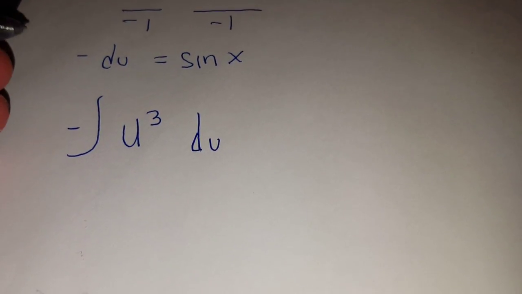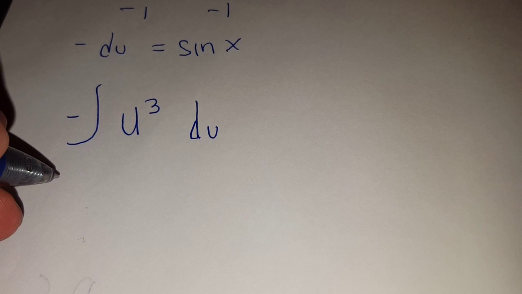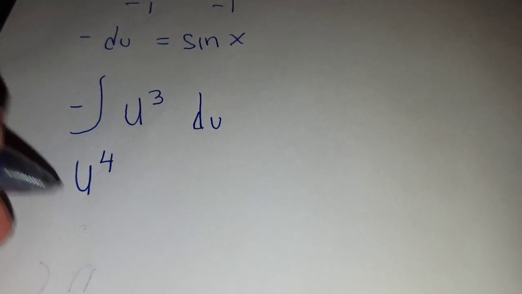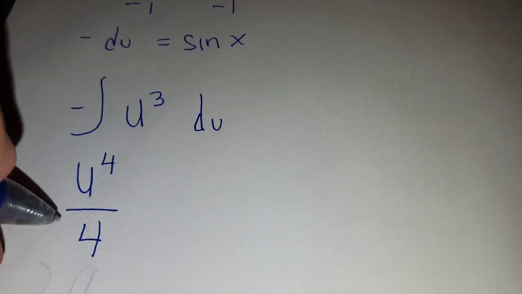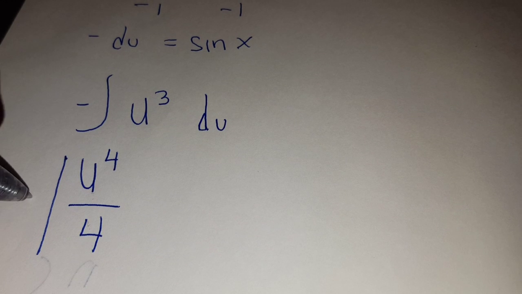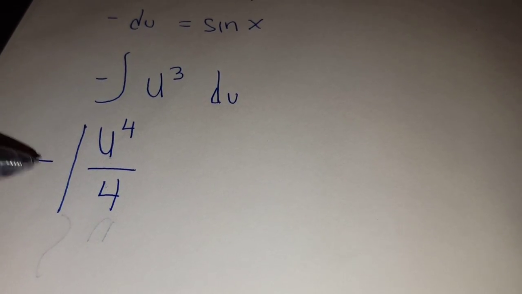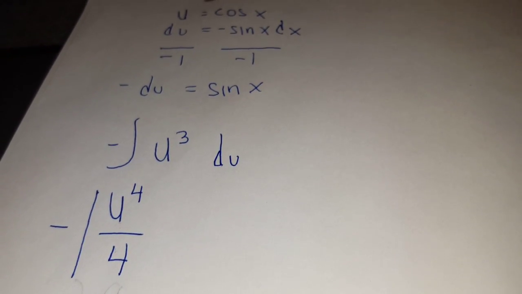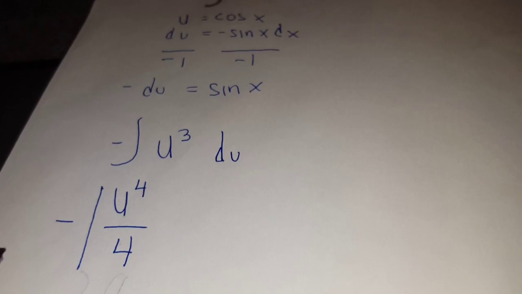So, as you know from my previous videos, to take the integral, you're going to want to add 1 to the exponent and divide by that number, bring that negative outside still, and then we'll go ahead and change it back to u, because we already took the integral.